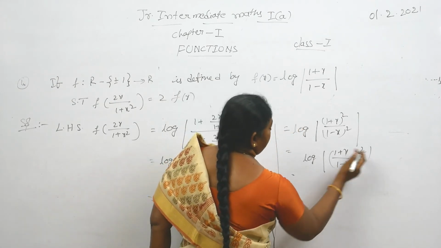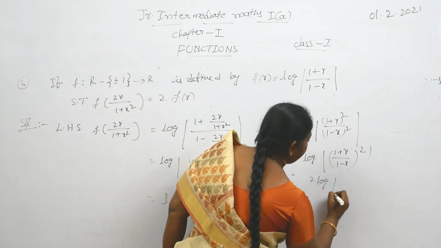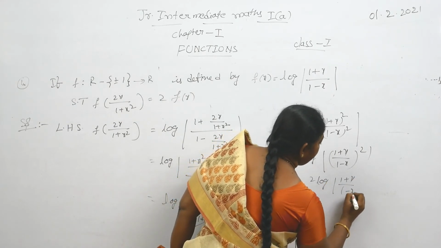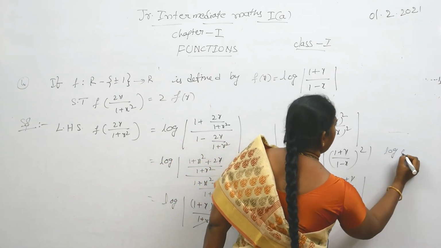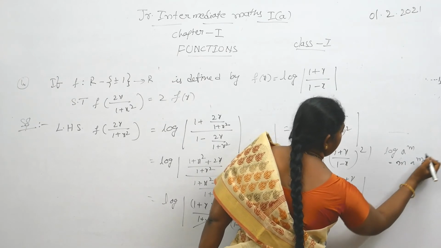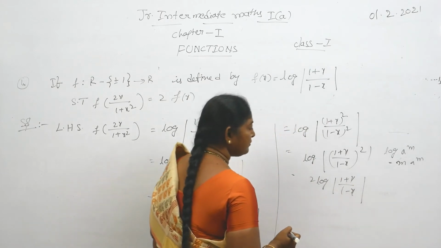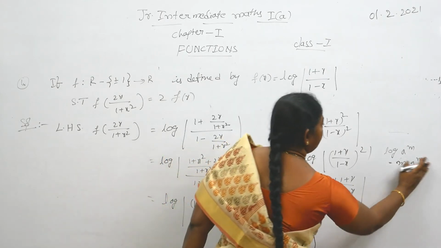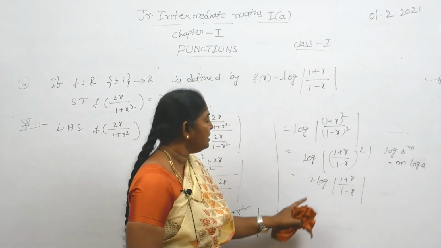So we can write as 2 into log of (1 plus x) by (1 minus x). We know that log a power m equals m into log a. Like this we have to write.